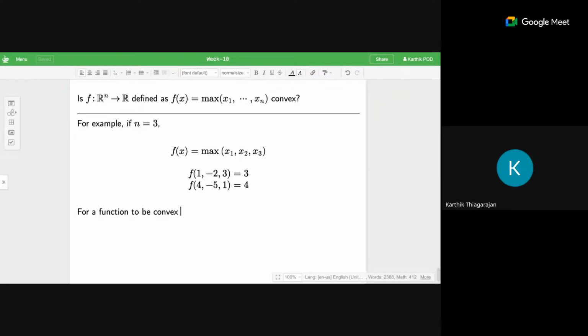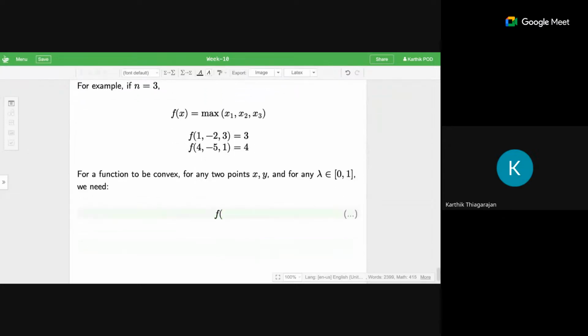So for a function to be convex, for any 2 points x, y, and for any lambda in 0 to 1, we need to show that f of lambda x plus 1 minus lambda y is less than or equal to lambda f of x plus 1 minus lambda times f of y.